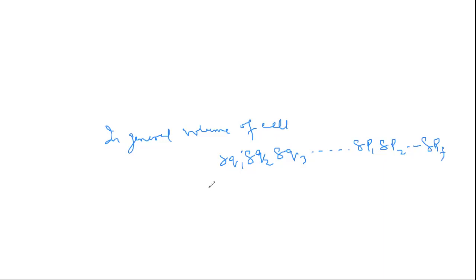And if delta Q_k delta P_k is taken equal to h naught, that means if the area of the cell corresponding to the kth coordinate is taken as h naught, then this will become h naught raised to power F, where F is the number of degrees of freedom, right?